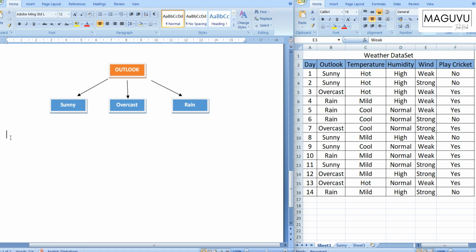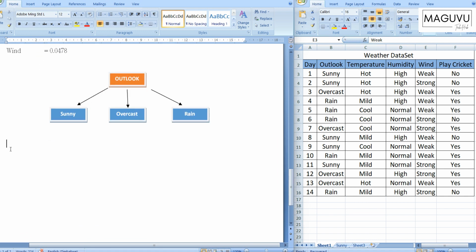So considering sun, when we are at sun, we now want to look at temperature. What are the values that we have for temperature?